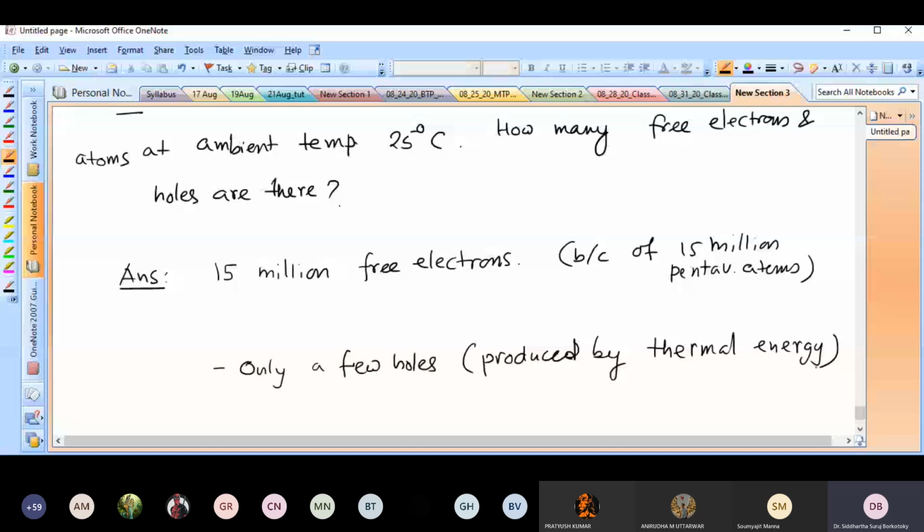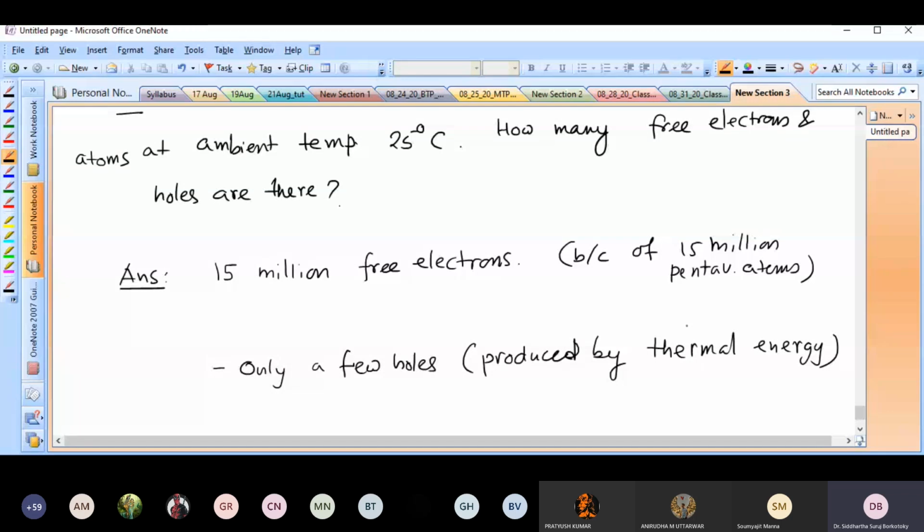So what we're seeing here is that if you take a silicon semiconductor with 10 billion silicon atoms and then add some pentavalent impurity, you get 15 million free electrons. And there are no holes being contributed by those pentavalent atoms. They are not doing anything. So any holes that you see in this crystal would be those created by the heat energy.